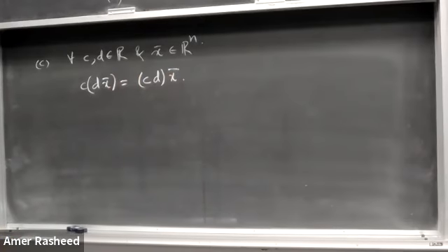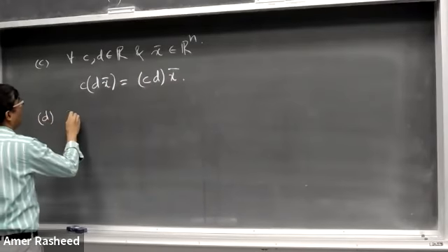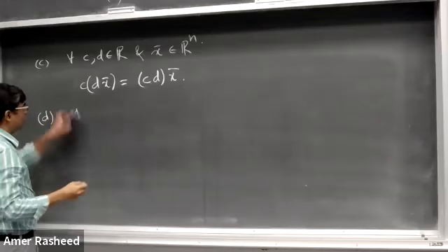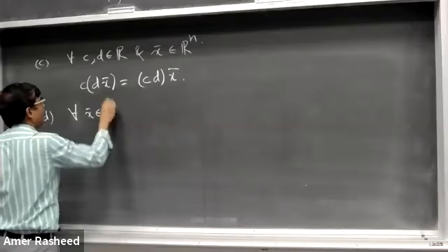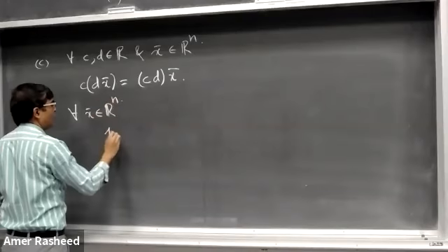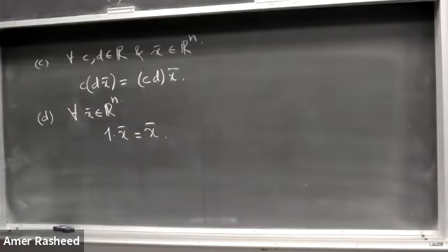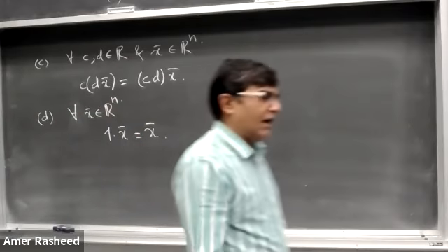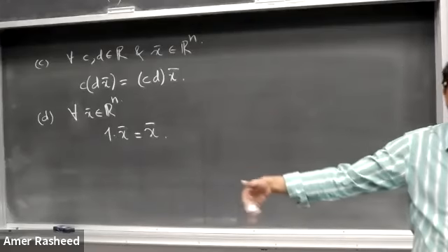And the last property is, for all x belongs to Rn, 1 dot x is equal to x. So the last is, you can say, a multiplicative identity kind of thing.